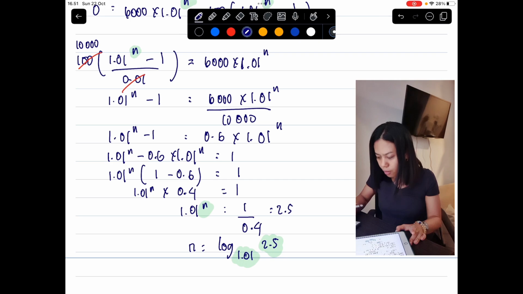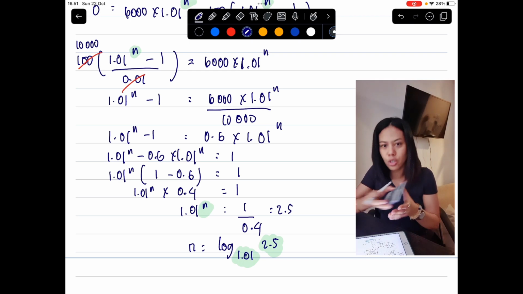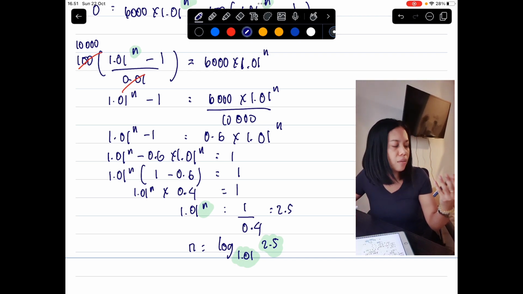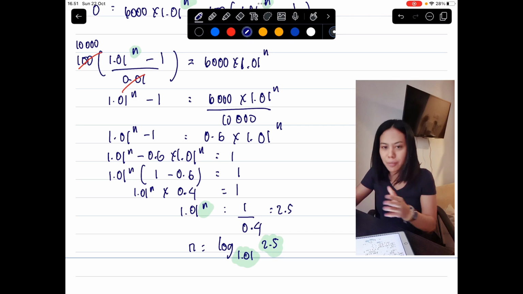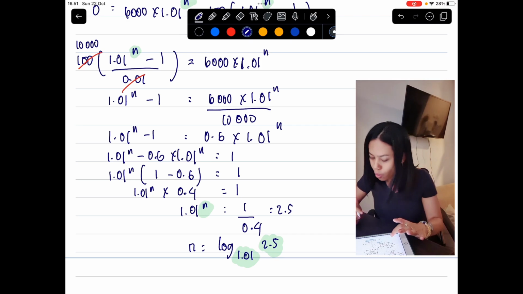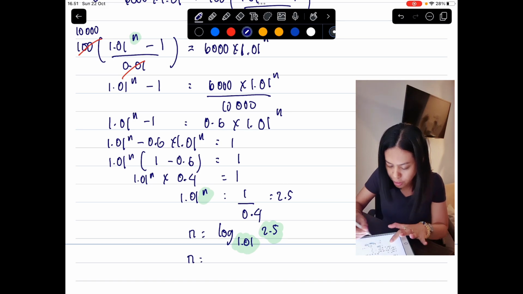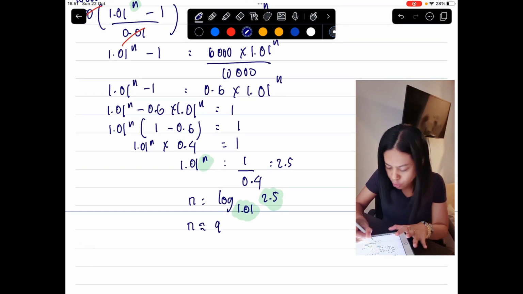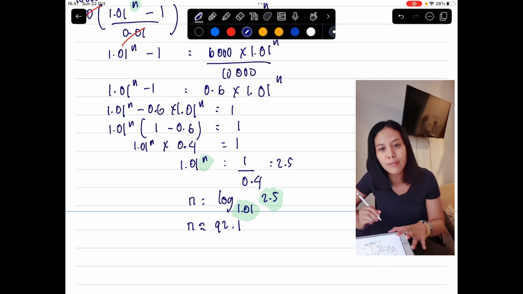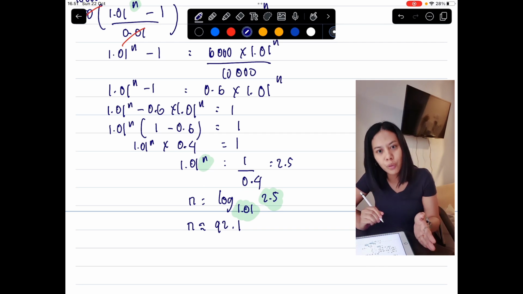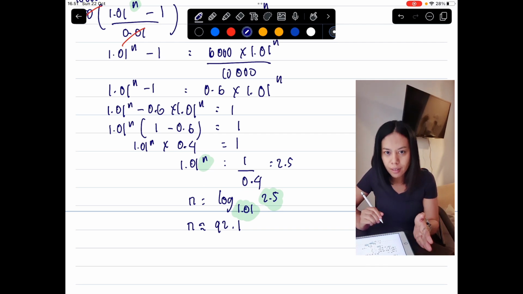The log base 1.01 of 2.5 is going to be 92.086, so approximately 92.1. So n is approximately 92.1. So she will be able to pay off her debt after 92.1 payments.